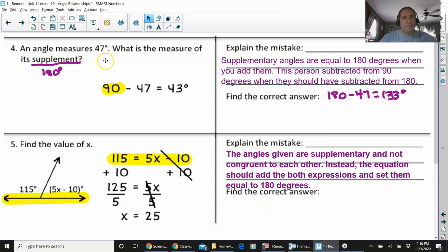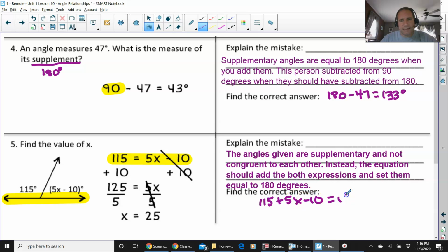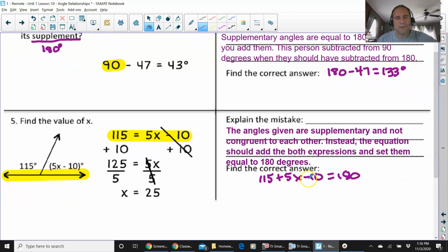So we're going to find that correct answer right away. We have 115 plus 5x minus 10 equals 180. Remember, when you combine like terms, you have 3 terms on one side. Don't move anything over. It's 115 minus 10, and that's 105. It's on the same side, so you don't have to use inverse operations.